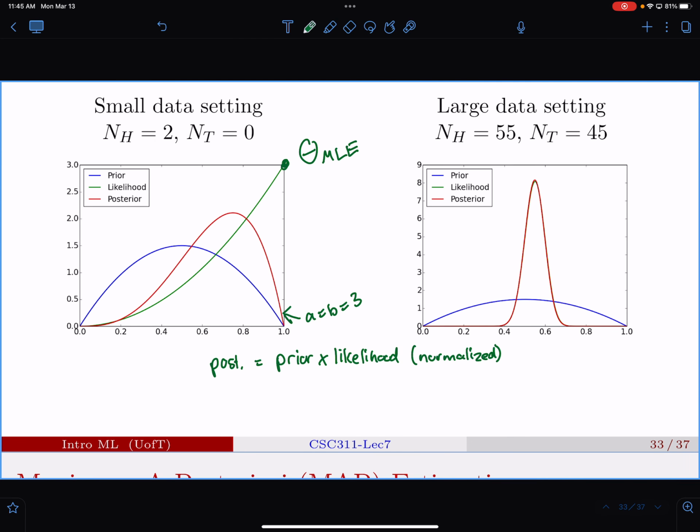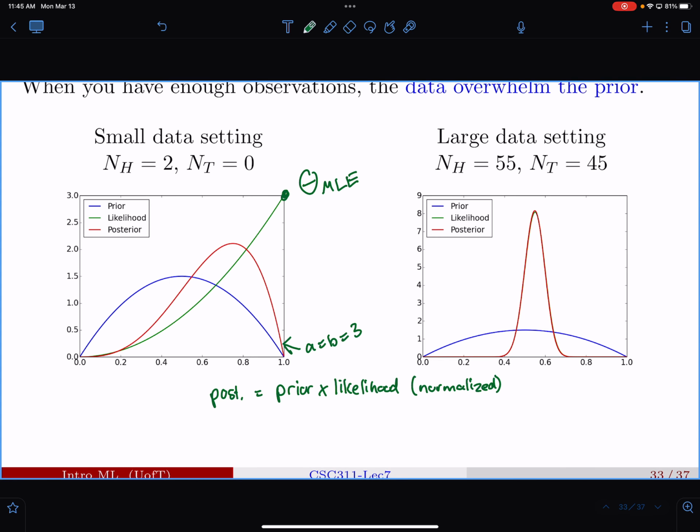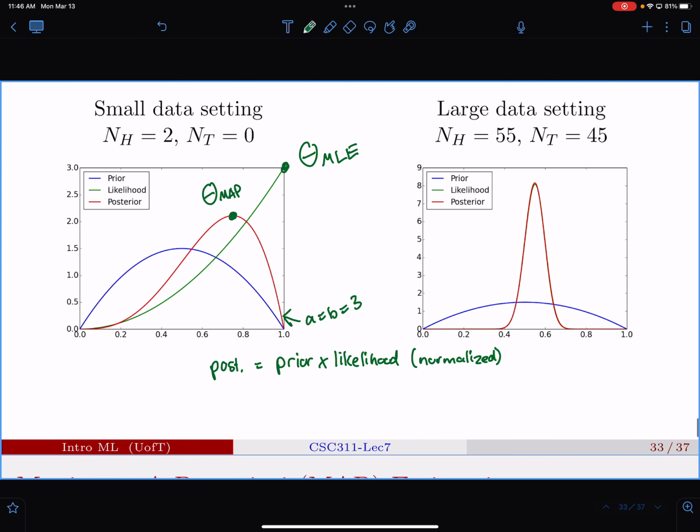That's going to correspond to this red curve, which you can see if we're taking the max of the red curve, it's going to give us another estimate. We're actually going to call this estimate the MAP estimate. And the other potential estimate you can do is you can take the expectation over the posterior. And that's the third potential way you can estimate the parameters of your distribution.